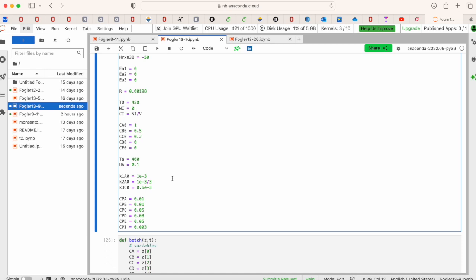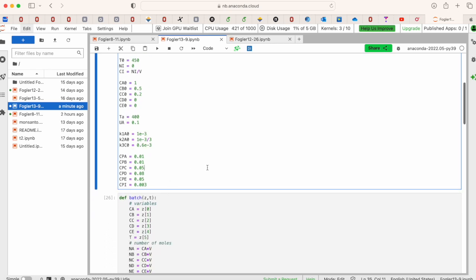These are my rate constants. They're going to use molar for the concentration units. The units on each one is going to be different depending on the reaction order, but the time units here are going to be seconds, which is consistent with the heat transfer coefficient, and the temperature units are going to be in Kelvin. And then I have all of my heat capacities as well.